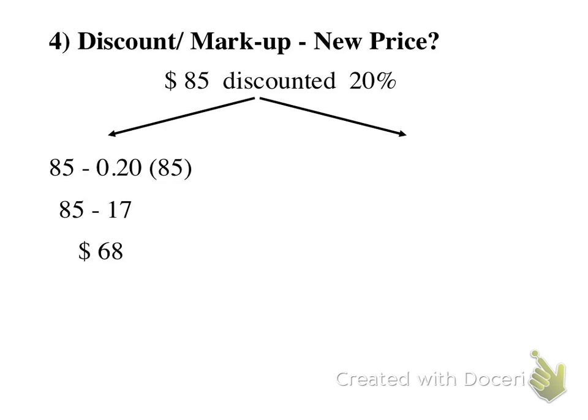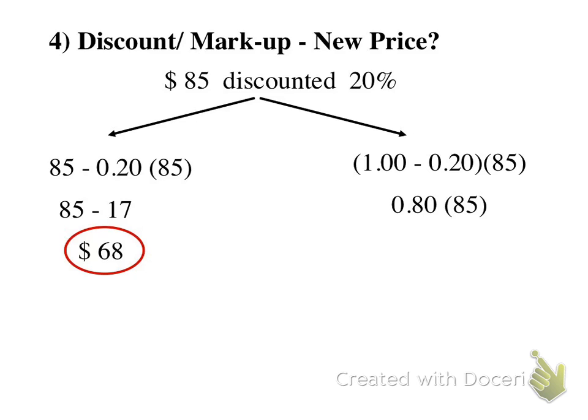But instead of calculating the discount here and then subtracting, I can right away find 80%. If my discount is 20%, I pay 80%. So I always say to myself, what percent am I paying?